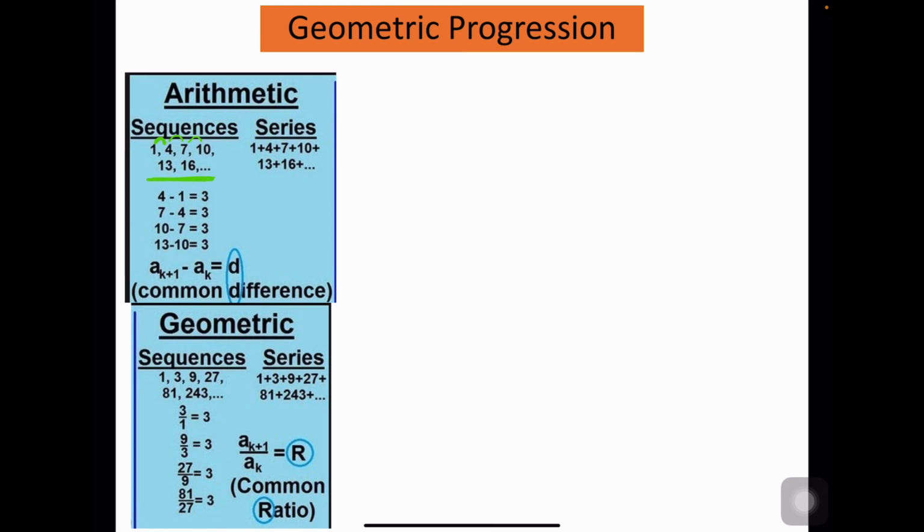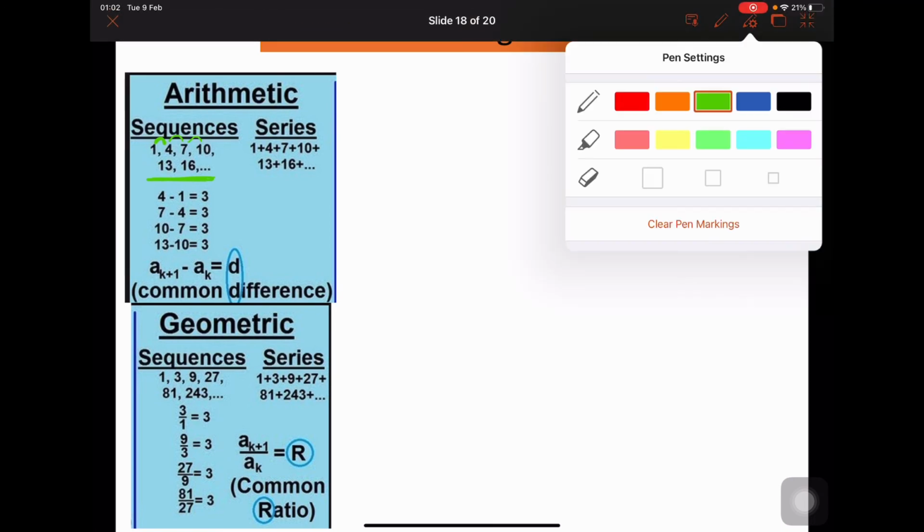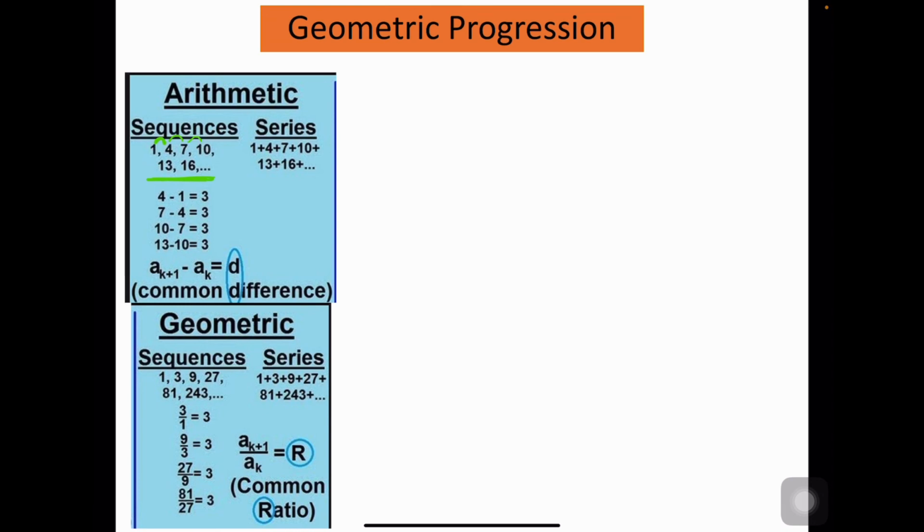Now, a geometric sequence, instead of adding a value of 3, for example, you're multiplying by a term each time, and so there's a common ratio between one term and the previous term.